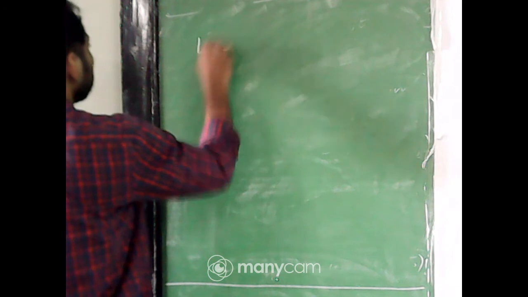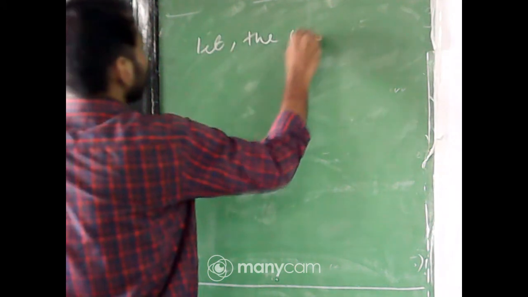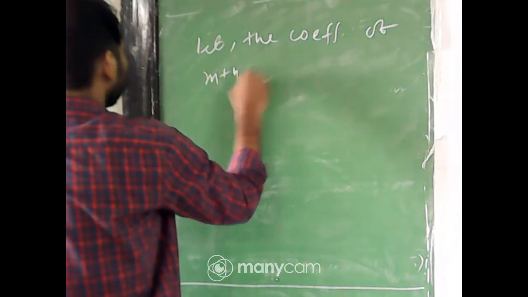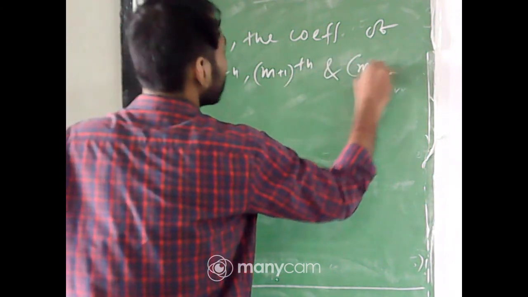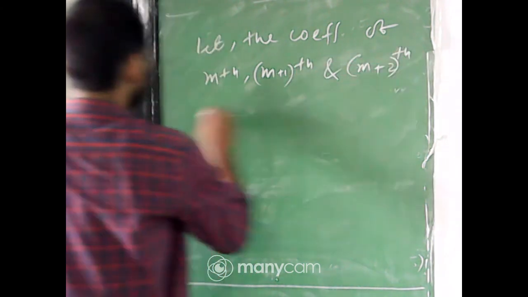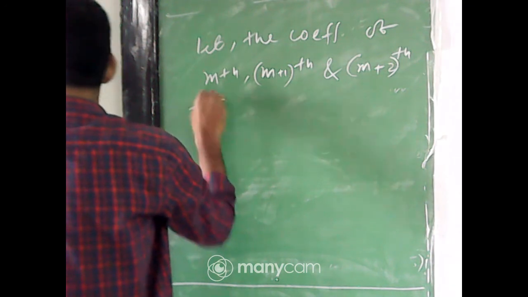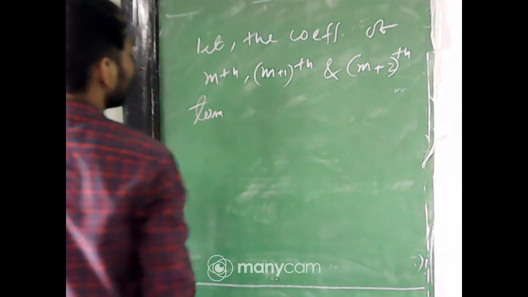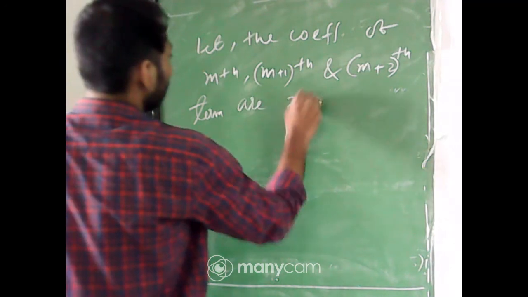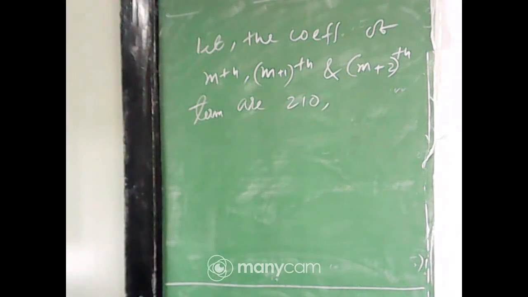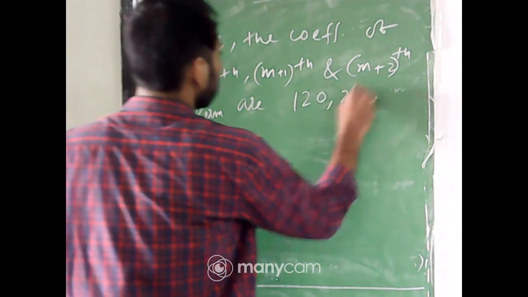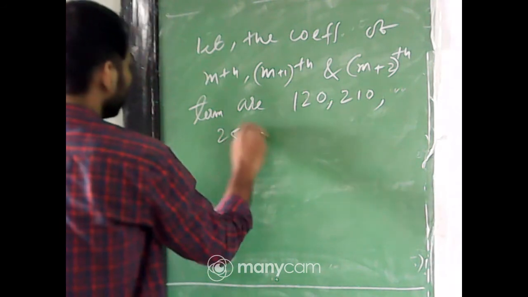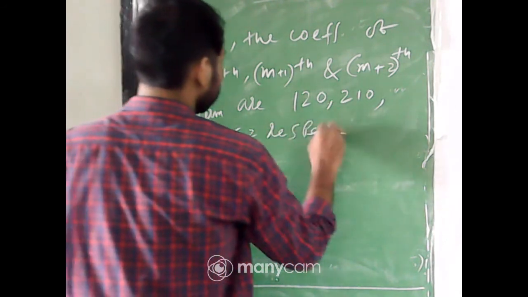Let the coefficient of mth, m plus 1th and m plus 2th term are 120, 210 and 252 respectively.